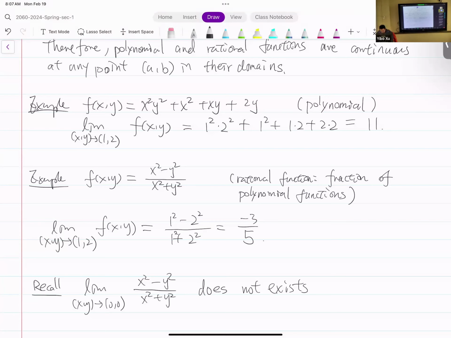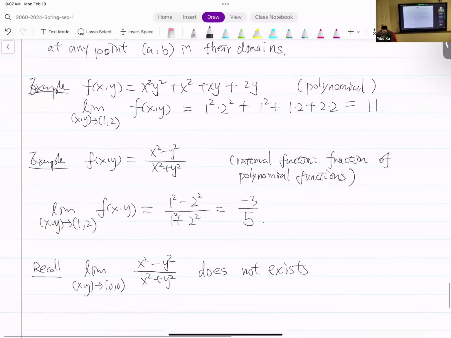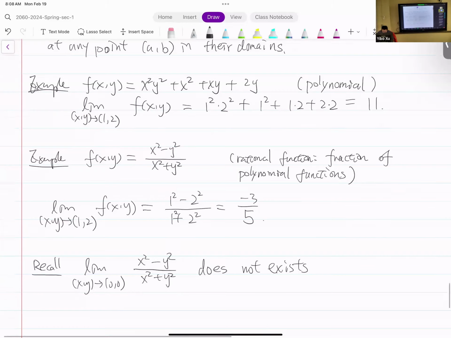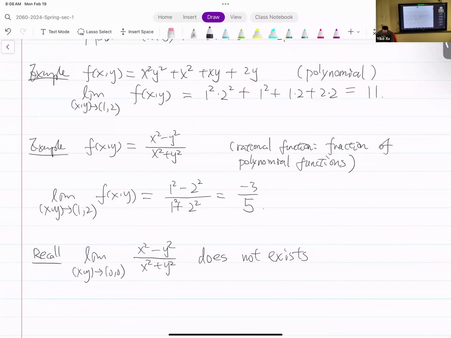So this fact doesn't really contradict the result above about the point evaluation, because once again, this point 0, 0 is not in the domain. Okay. So if 0, 0 is a legal point for this rational function, then of course you can just plug in. But now here, 0, 0 is not legal, so we cannot really apply this kind of evaluation there. 0, 0 is not in the domain.